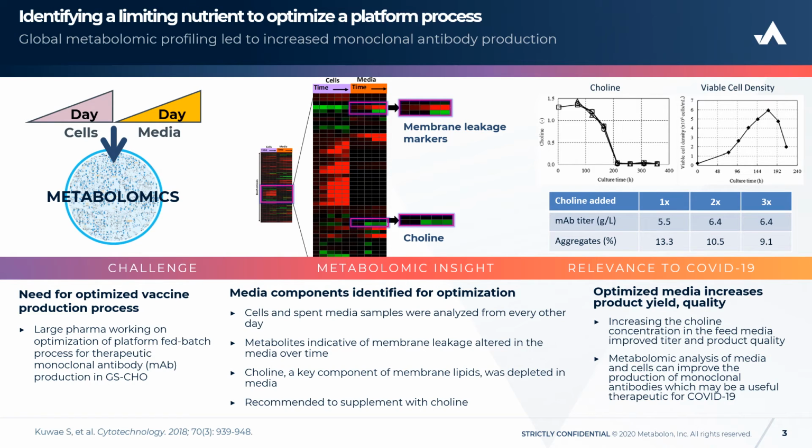In this case, it was a large pharma working on the optimization of a platform-fed batch process for a therapeutic monoclonal antibody using a GS-CHO system. Similarly, in present-day situations, using a cell line for virus replication in a COVID background, the ideology of limiting nutrients, which could be supplemented to optimize a process, the same ideology is there.